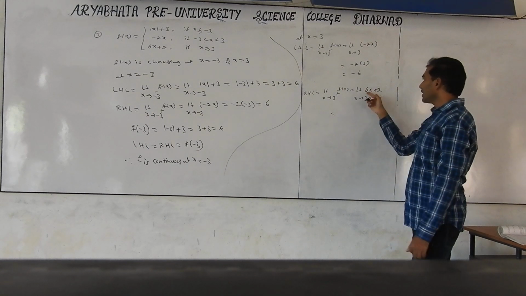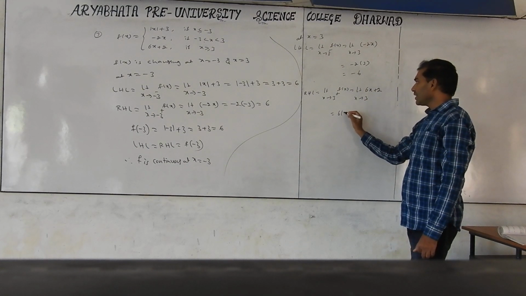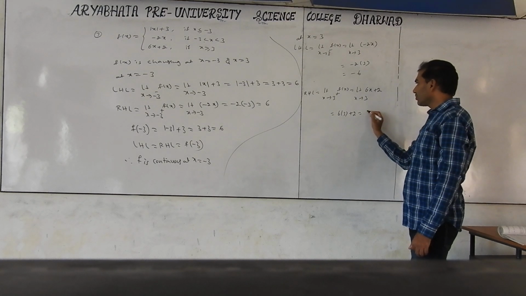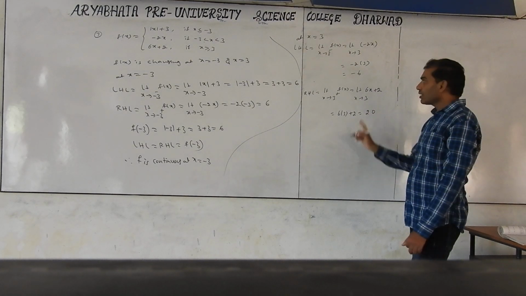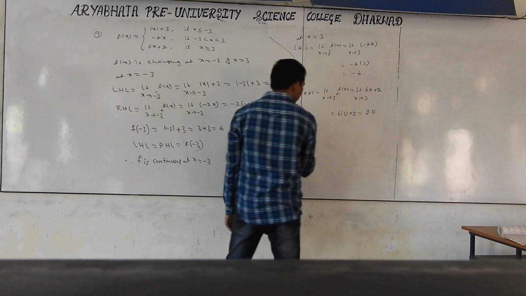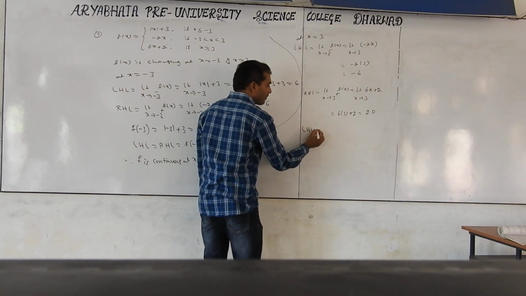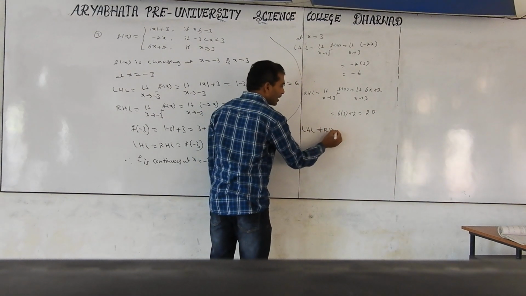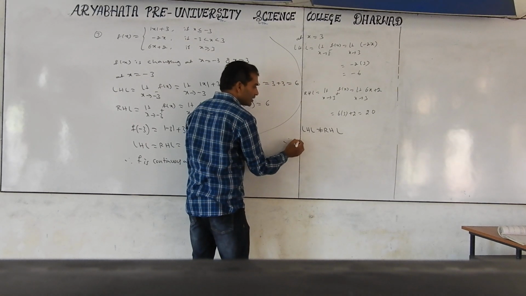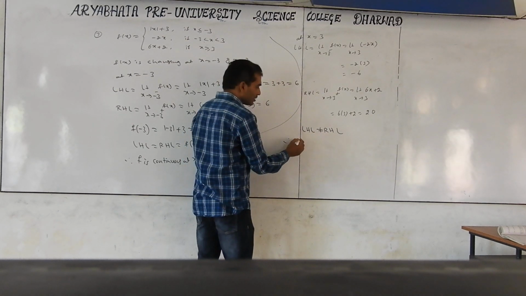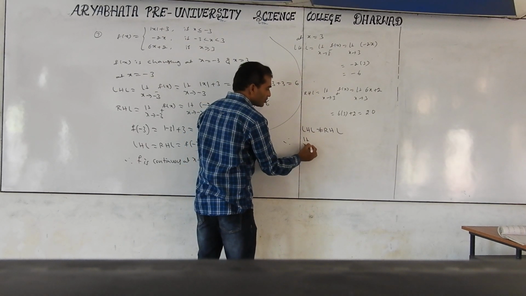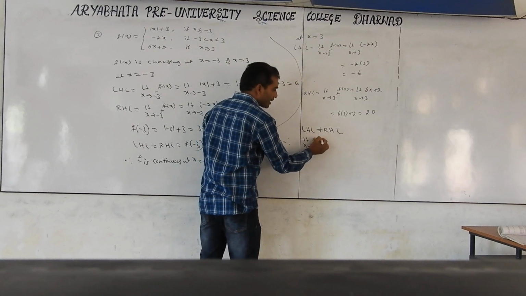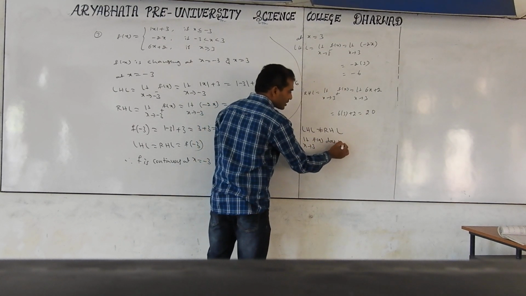Put x equal to 3: 6 into 3 is 18, plus 2 equals 20. So left limit is not equal to right limit. Therefore, the limit does not exist. So limit of x tends to 3 of f of x does not exist.